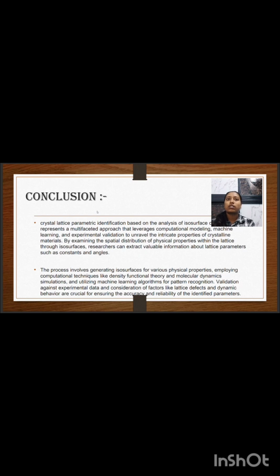So in isosurface, we can see furthermore the integration of isosurface analysis with other computational and experimental techniques such as ab initio calculation and spectroscopic measurements. It has specific properties of crystalline materials and many more. By combining multiple sources, multiple methods, we can construct a lattice by combining some of the metals.